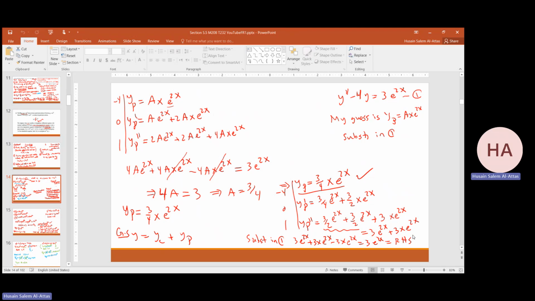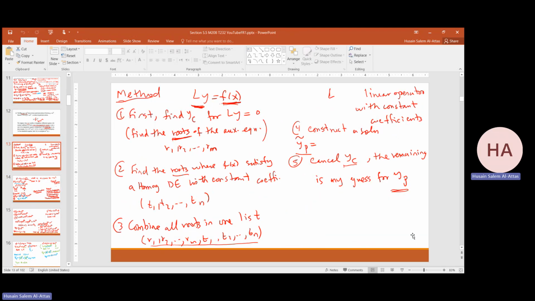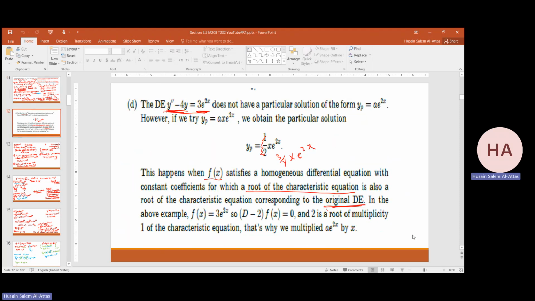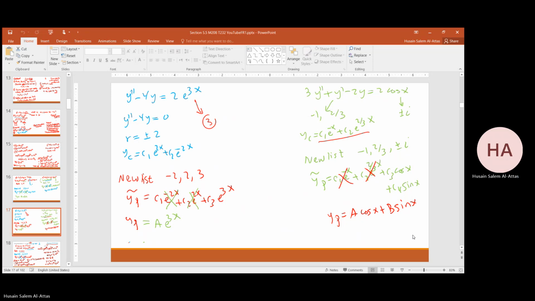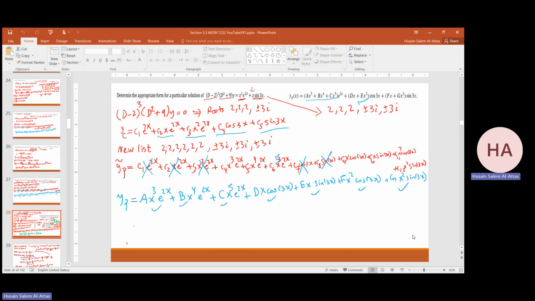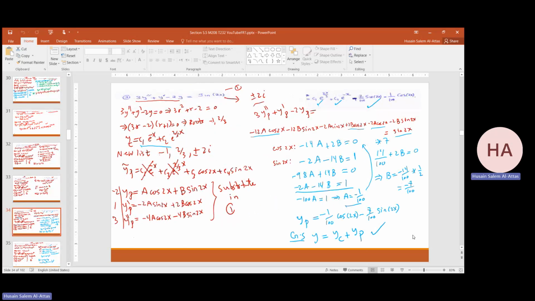So I can guess yp easily in both cases. No need to think about two different cases; you can work one method for all. And we did a good number of examples covering most of these ideas.